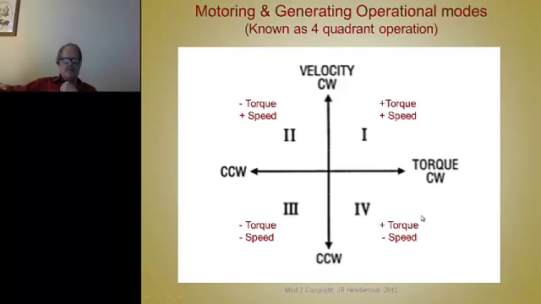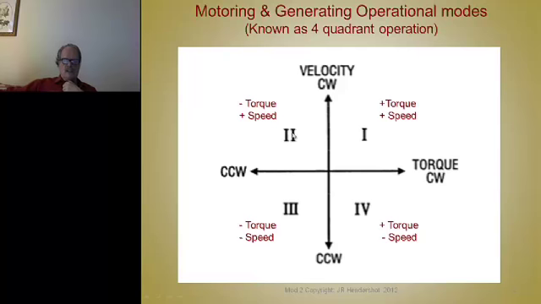That's like pedaling your bicycle frontwards or backwards. Now, if you apply a torque, the wheels are going to turn, the motor's going to turn, so we'll define clockwise speed as positive and counterclockwise speed as negative, just like we define clockwise torque as positive and counterclockwise as negative.